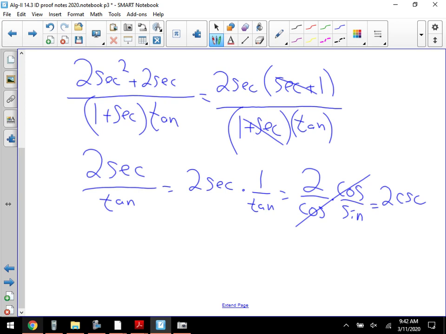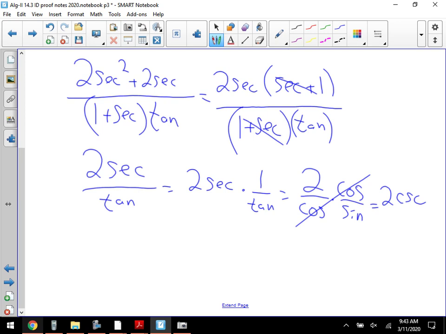It takes a little while to get into that one, but the trick for that one was going back to your identity. Go back to your identity on that one. Forty-six is very, very similar to that.